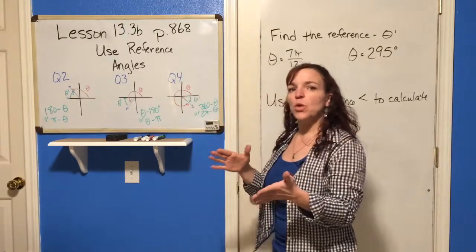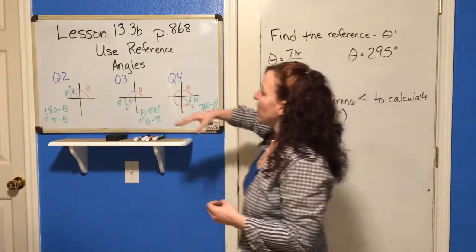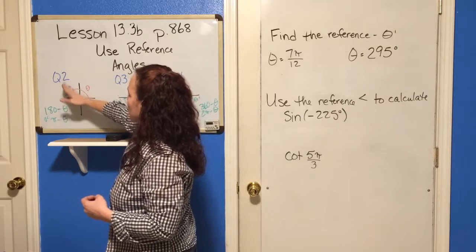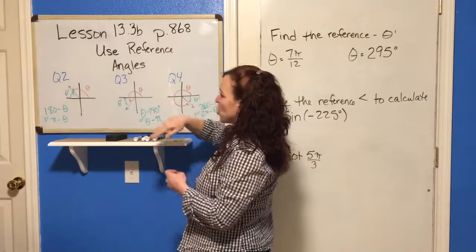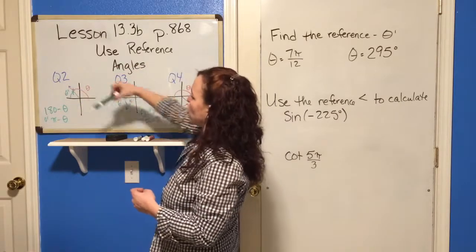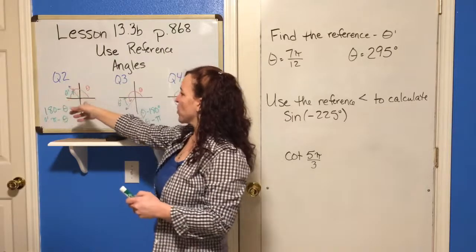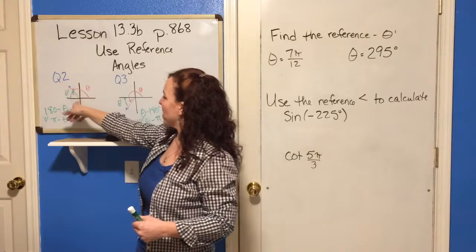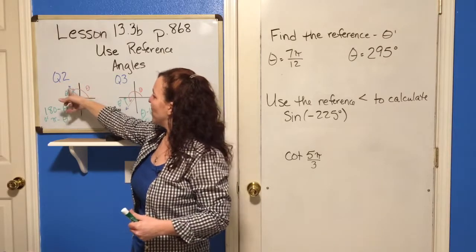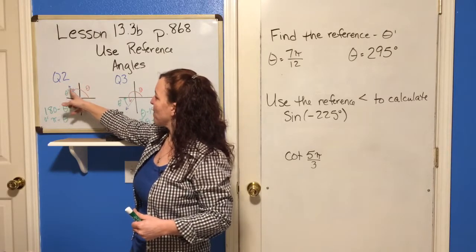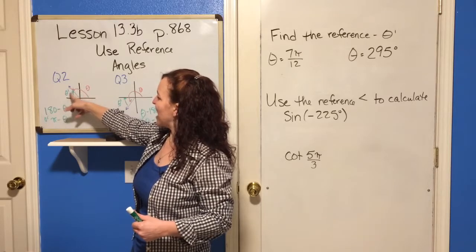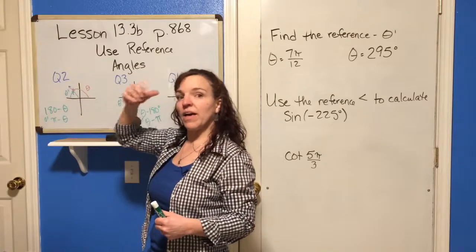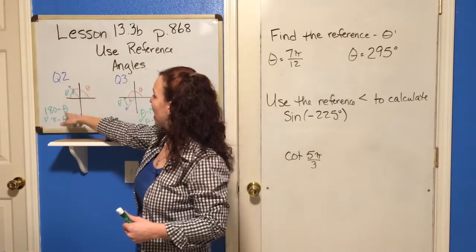A reference angle is going to be an acute angle that is between the x-axis and the terminal angle of theta. So, if theta ends in quadrant 2, then your theta prime is going to be this angle here from your x-axis up to the terminal side of the angle.